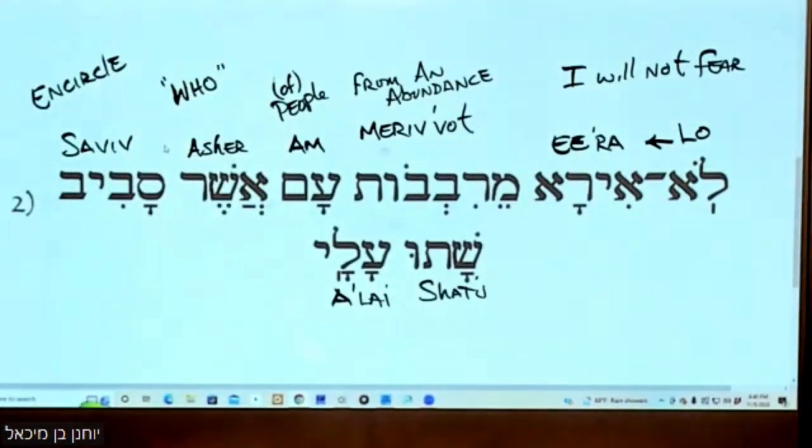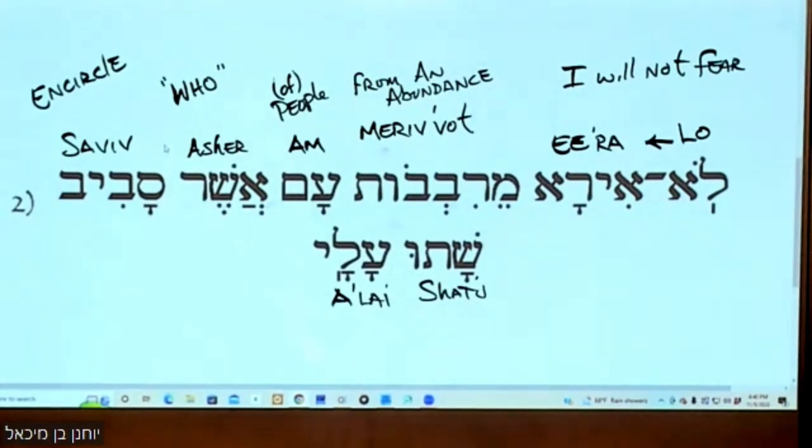What about the word shatu? Shatu comes from the root word sheath. Sheath means to set, to place, to appoint, to array something. Like I take these boxes of Kleenex and I set them up in a pyramid or something, okay?